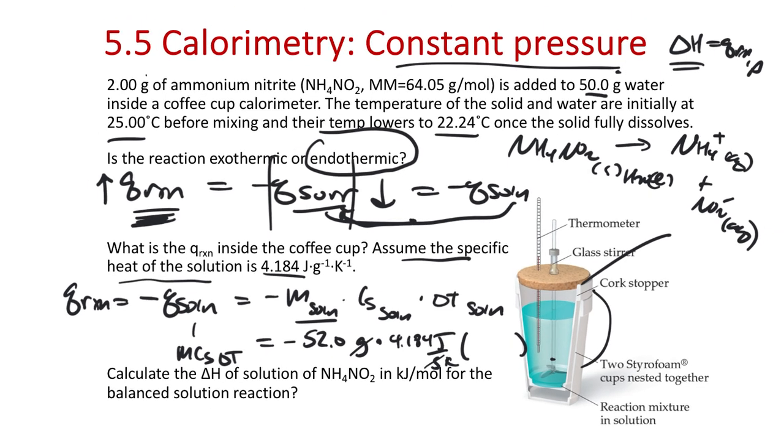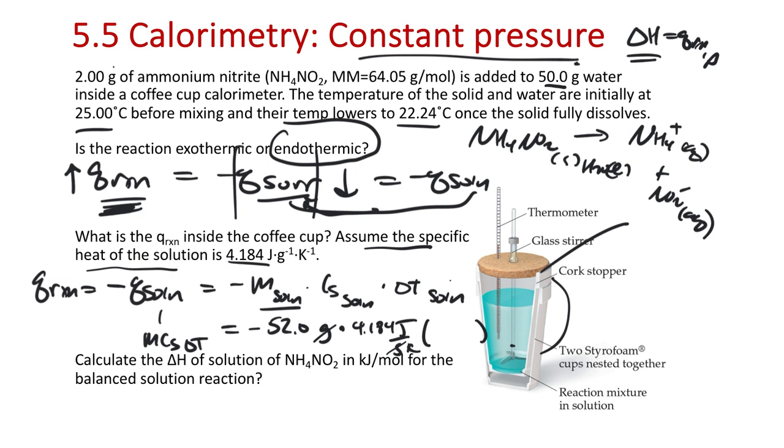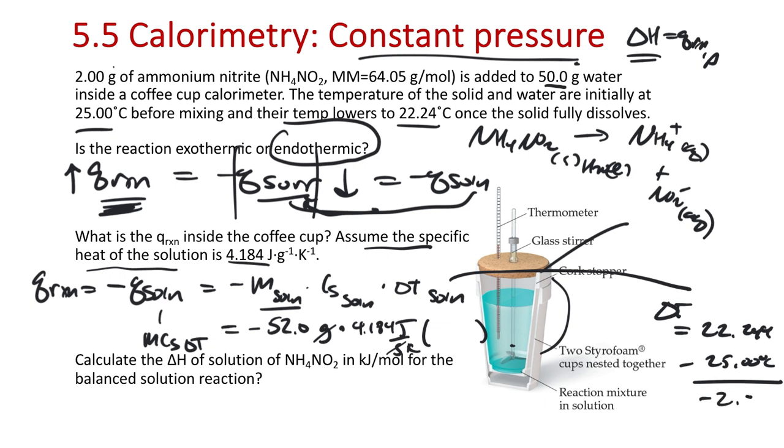Let me write this over here. The delta T would be the final temperature, 22.24 degrees C, minus the initial temperature, 25.00 degrees C. So that's negative 2.76 degrees C.